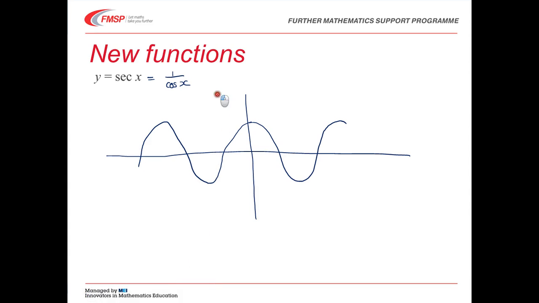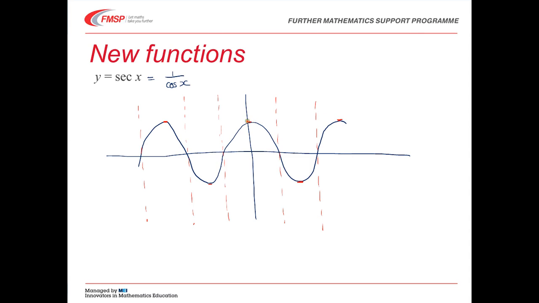So the first thing to note is that when cos x is 0, sec x is going to be undefined, and so we're going to have some asymptotes. Then there are the easy points to note, that when cos x is 1, then sec x will also be 1, and when cos x is -1, then sec x will also be -1.